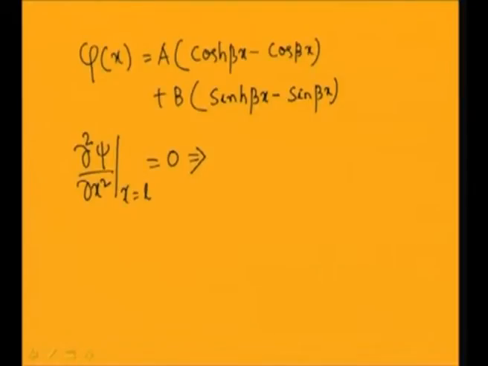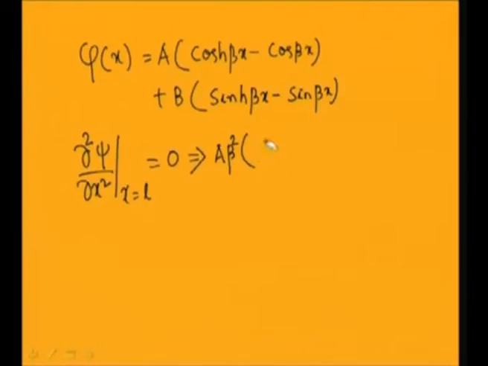So I have to differentiate this twice, and then I will have the beta square term, which I can take common. The cos hyperbolic beta x, differentiated twice, remains the same. For cos beta x, differentiating once gives minus sin, then minus minus becomes plus, and differentiating again gives cos beta x.